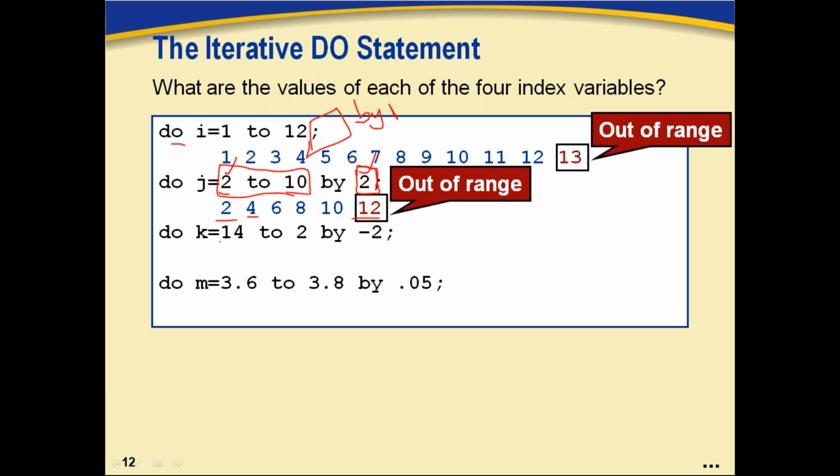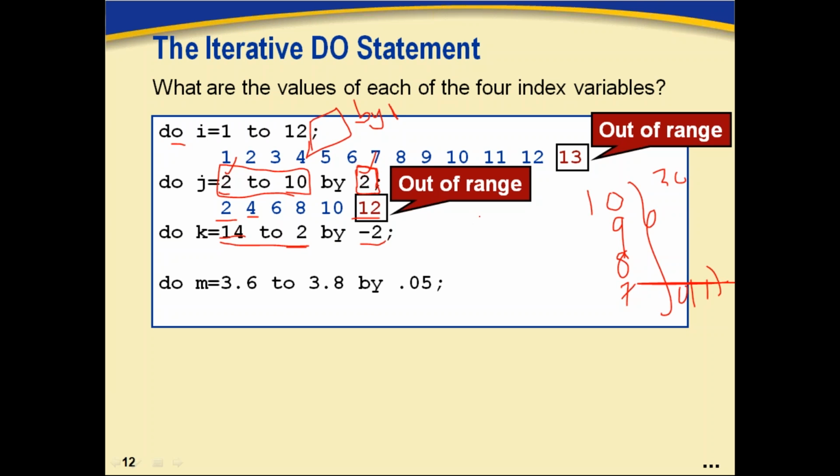And if you want to read it in reverse order, let's say you want 10, 9, 8, 7, or you wanted to create date values from 30th April to 1st April, you can read it in reverse order as well. In this example, k equals to 14 to 2 by minus 2.